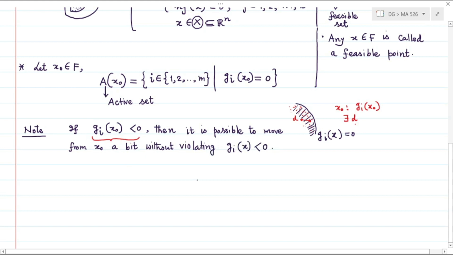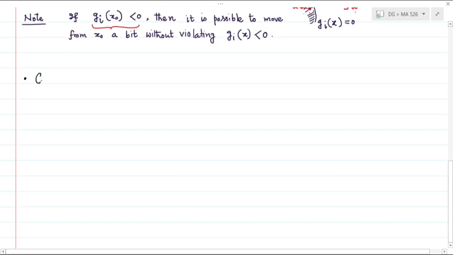Now, with these few notions, let me discuss the notion of the cone of feasible directions. To discuss the idea of the cone of feasible directions, at first I need to discuss the meaning of a feasible direction.